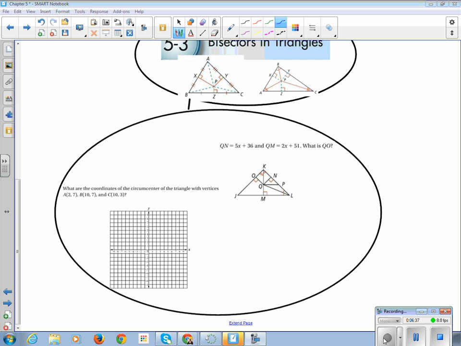So here, A is at 2, 7. B is at 10, 7. C is at 10, 3.